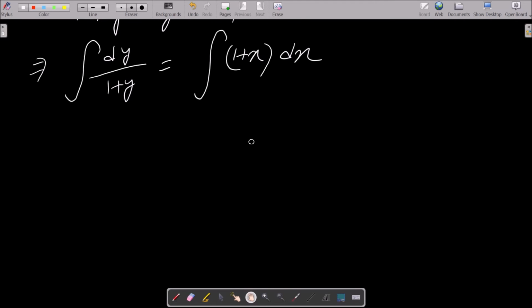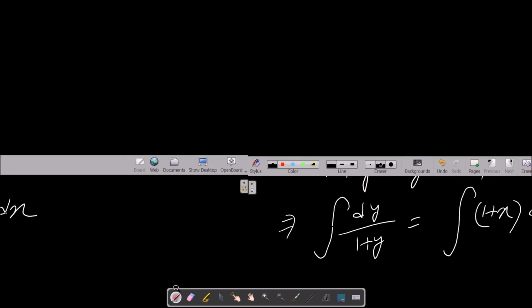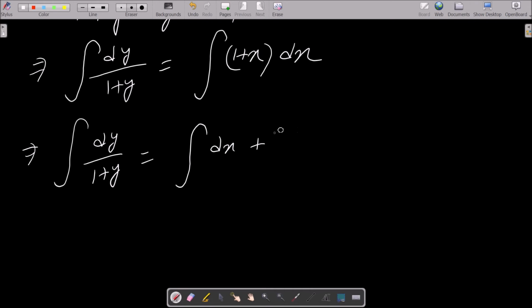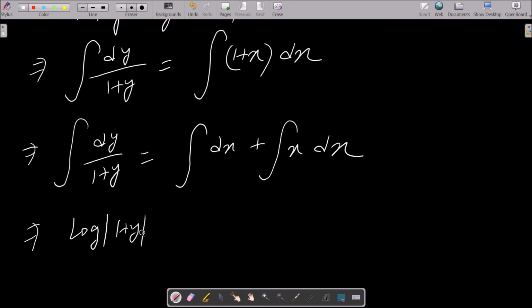So the next is, there is one more line I'm going to write. So here this is now dy by dx, dy by 1 plus y, and I'm going to do the separation. So this is now dx and here x dx. So here the integration of dy by 1 plus y is equal to log of 1 plus y.